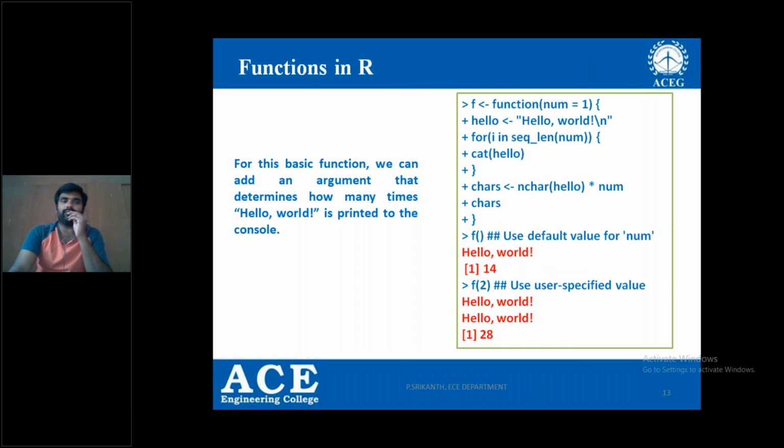For the basic function, we can add an argument that determines how many times hello world is printed. So here I need to use an argument. That argument is num, and it is initialized with the value 1. If I don't mention any value here, by default it is going to take 1. See here, f of, I am not mentioning any value, so it is pre-assigned with 1.